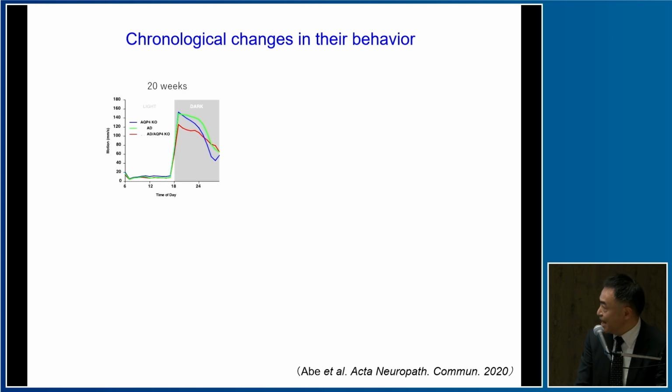The green line indicates the Alzheimer transgenic model, blue indicates the aquaporin 4 null, and red is the combined transgenic. At the age of 20 weeks, there is no significant difference.